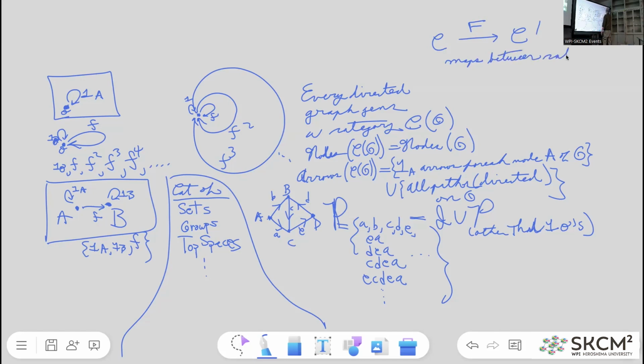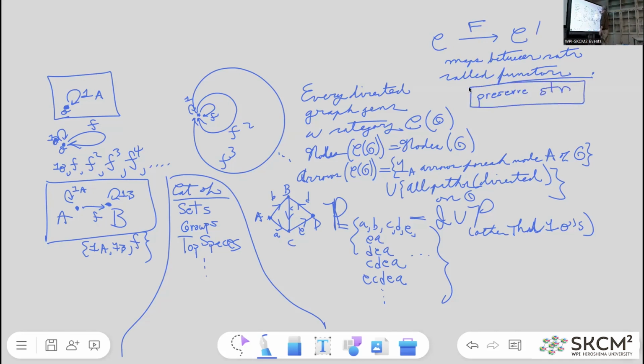Maps between categories are called functors. It's just a function from one category to the other, but it's called a functor, so you know you're talking about a map of categories rather than just some function. And it must, of course, preserve structure, just like any other good map of one mathematical structure to another.